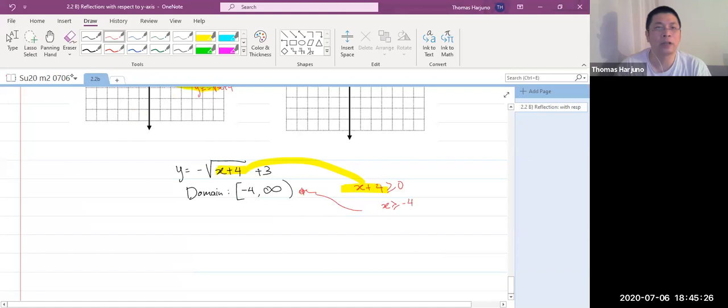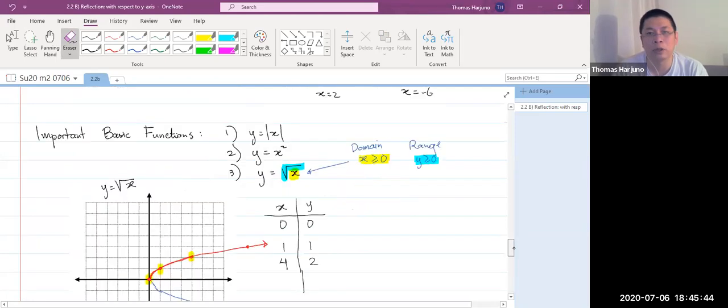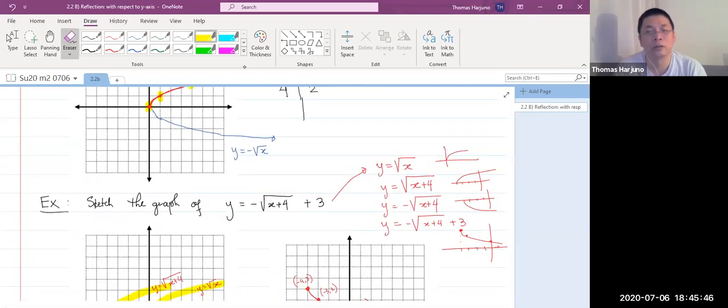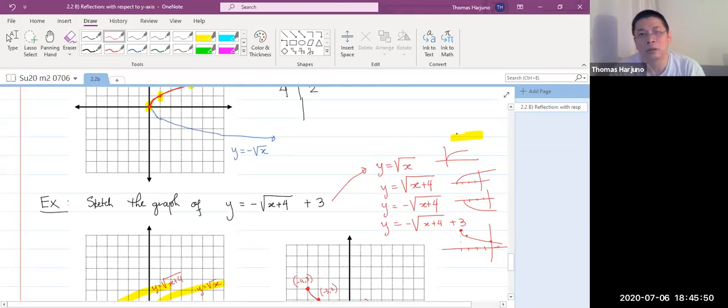Now, how about the range? We know the range is originally from 0 to infinity, right? Moving it 4 units to the left keeps the same range.